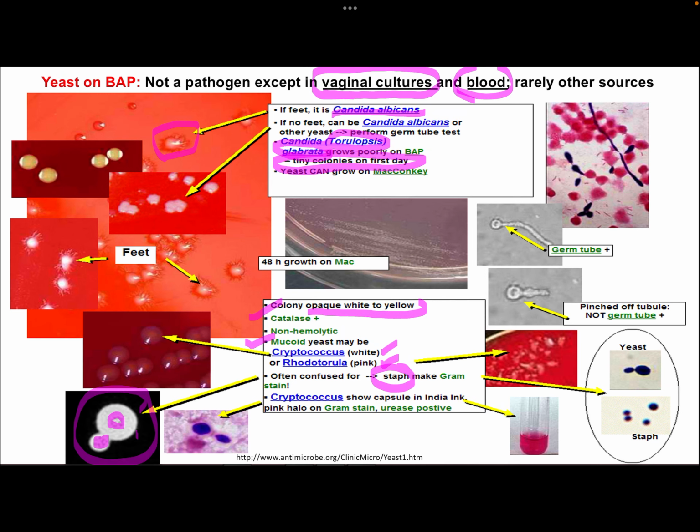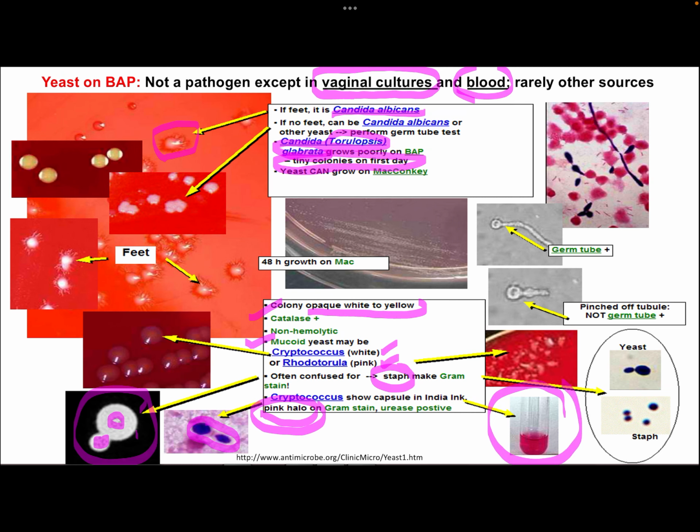And of course, if you have not performed an India ink, but you have observed in the gram stain a pink halo surrounding the yeast cell, you suspect it as Cryptococcus. Another thing that could help you identify it as Cryptococcus neoformans is that it is urease positive.